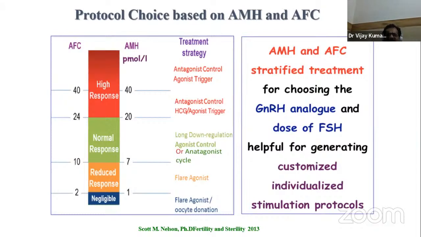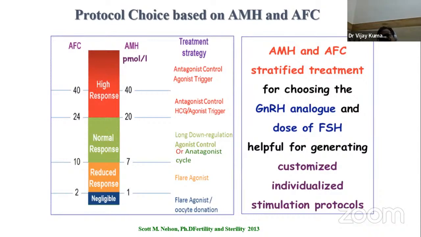Again, the chances of pregnancy and the type of gonadotropins and the type of GnRH, whether analogs or antagonists, which one you have to use, depends on these important factors, that is the antral follicle count and AMH.